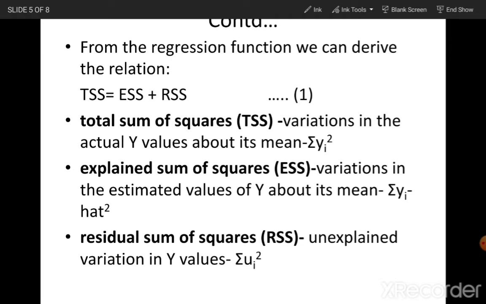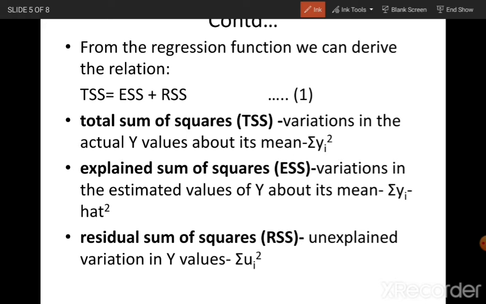So from the regression function, we get the relation total sum of squares is equal to ESS, explained sum of squares, which is nothing but the variations in the estimated values of y about its mean, plus residual sum of squares, which is sigma ui hat square.